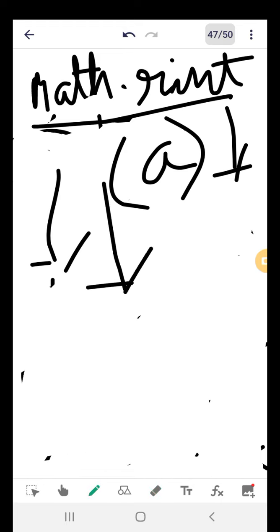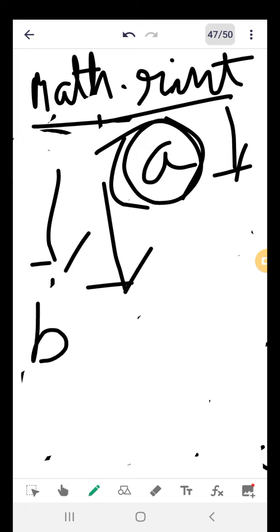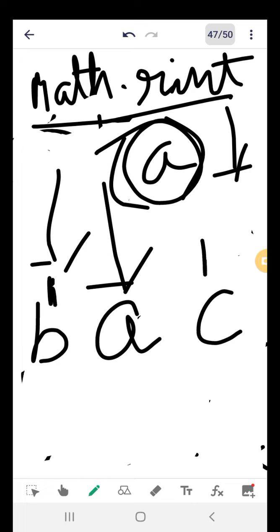If there is a function called Math.rint and the argument is a, and it is a .5 value, there can be two numbers. One is on the left side of a, then a will come, and another one is on the right side of a. So the answer is either this one or this one.